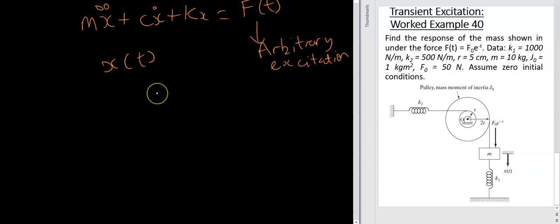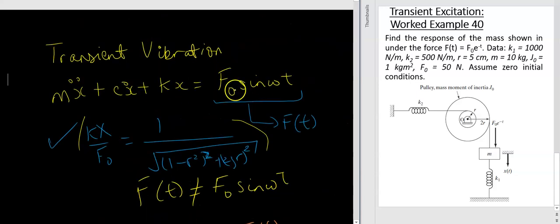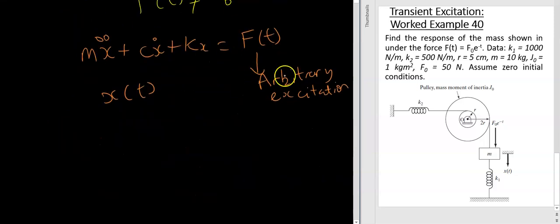Well, firstly, we would have called the case where F(t) is equal to F naught sine omega t harmonic vibration problems. In the case where F(t) can be any arbitrary sort of excitation, we call those problems transient vibration problems.